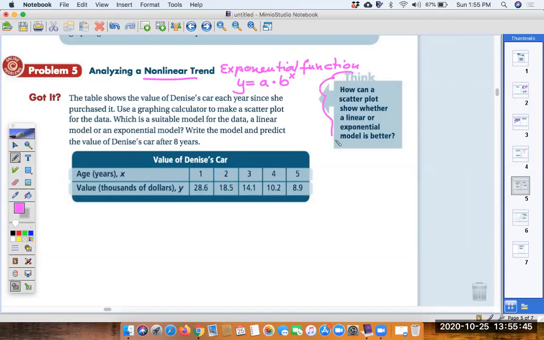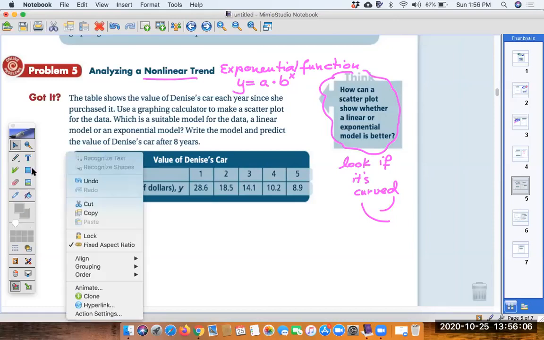So how can a scatter plot show this? If it's really curved, then it's not linear. I'm not going to do this by hand, so we're going to use a graph. Let's look at what the numbers mean first.